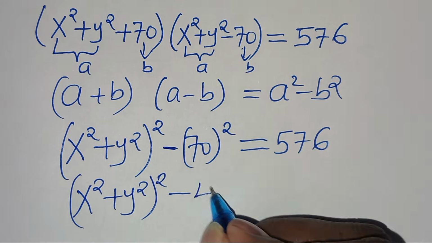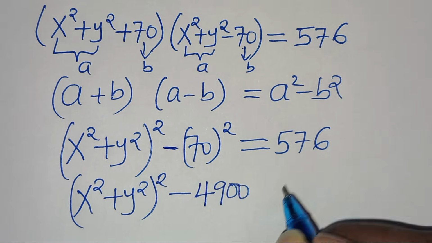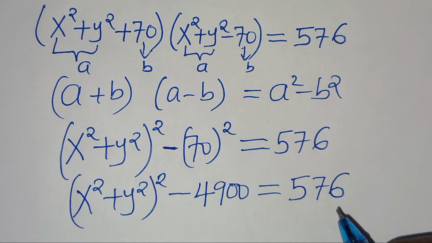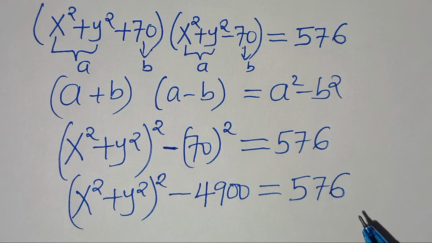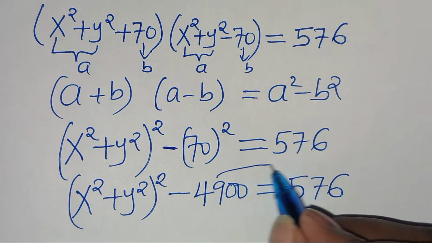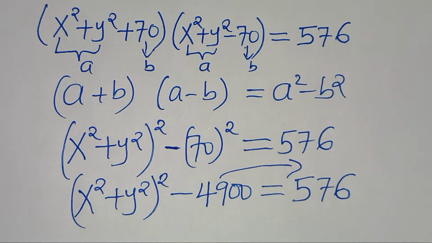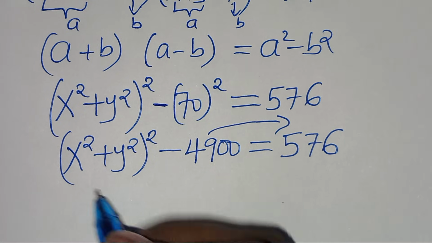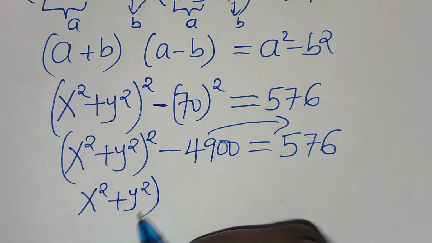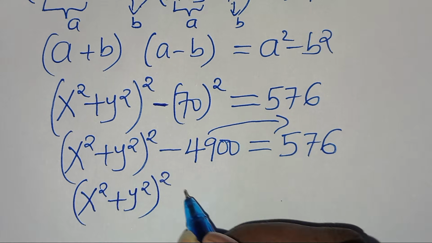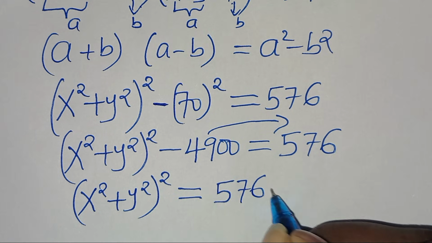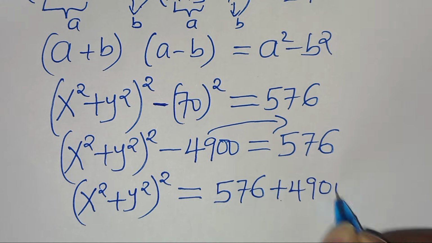So now we have x squared plus y squared to the power of 2 minus 70 squared. This is minus 4900, which is equal to 576. Let's take this on the right hand side, so that now we have x squared plus y squared raised to the power of 2 equal to 576 plus 4900.